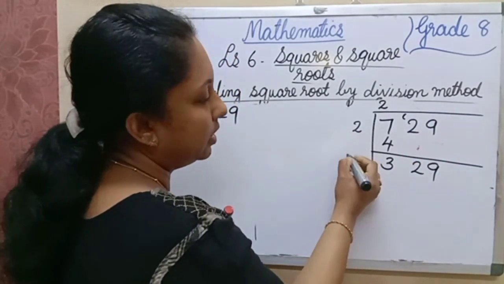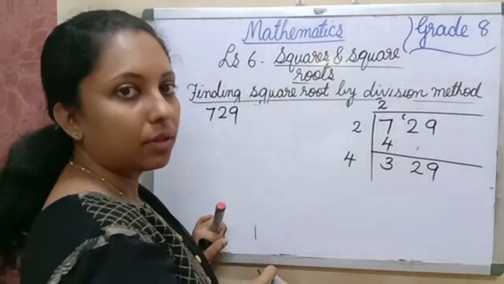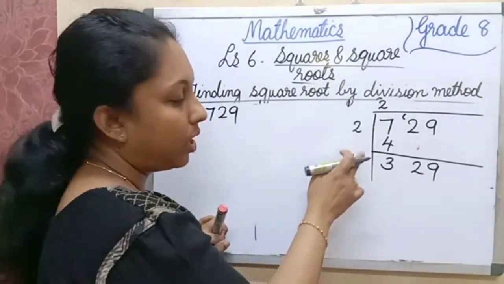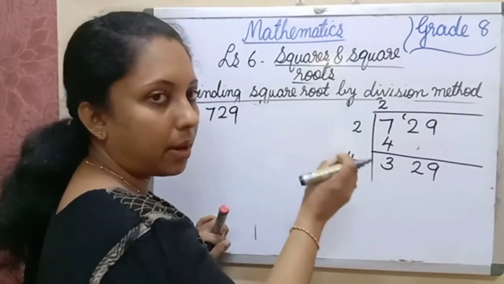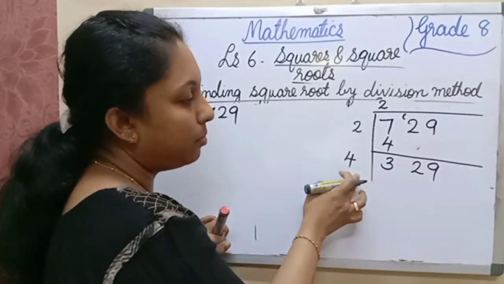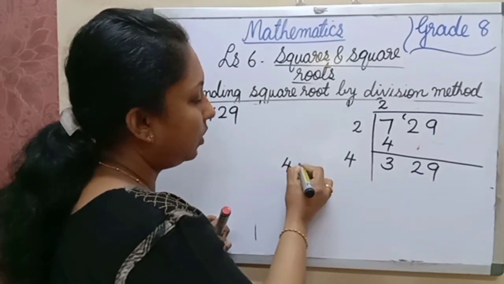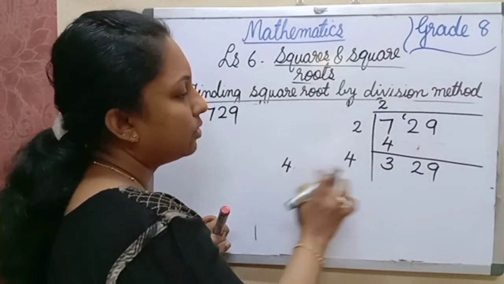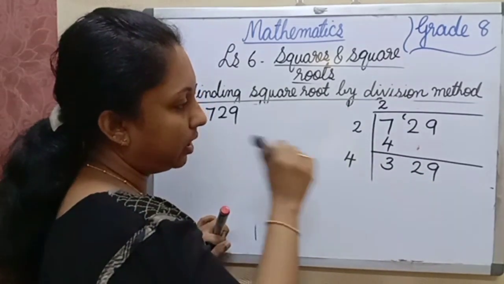Then double the digit 4 again. Then what do we have to do? You have to put a number and multiply the same number. 43 into 3 is 129, but 329 should come here.